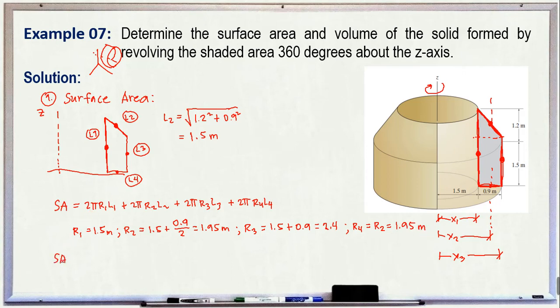plug in the values. So the surface area, we can factor out 2 pi because it is common for all terms.